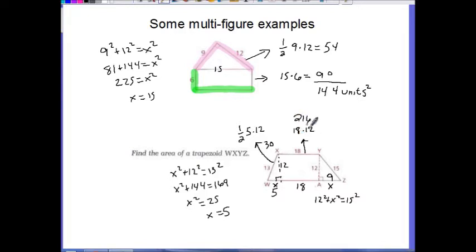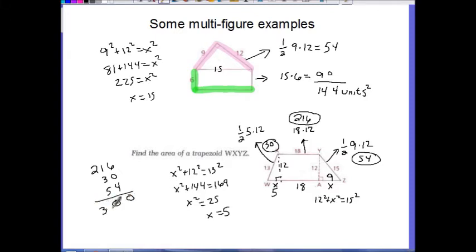And last but not least, another triangle. 1/2 my base 9 times my height 12 gives me 54. I want to add up all of those different areas. 216, 30, and 54 gives me a total of 300 square units. And we're set.